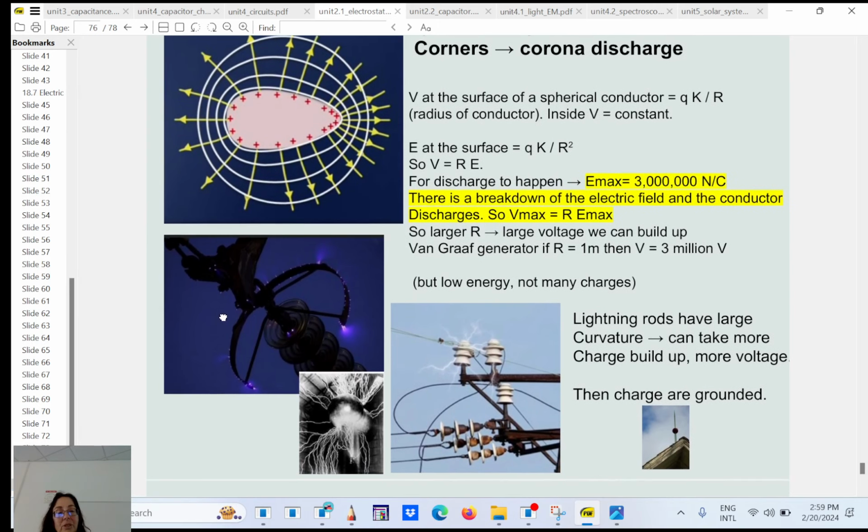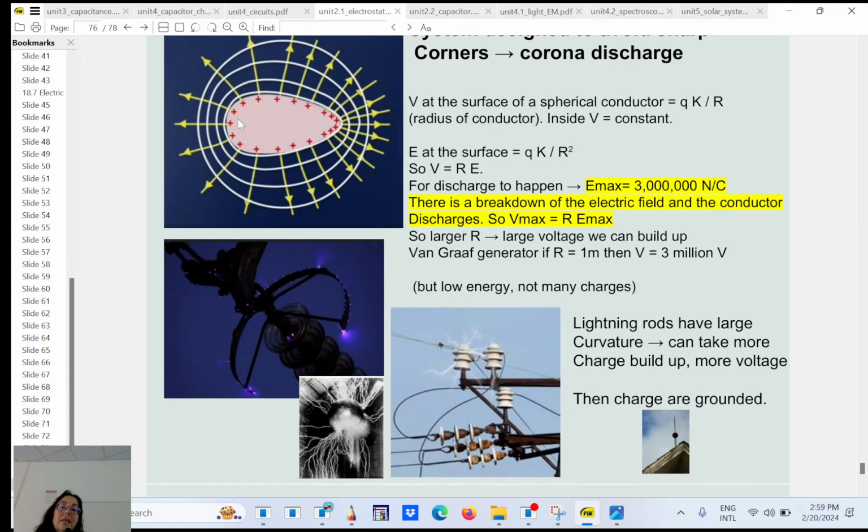Okay, another interesting thing is that if you have something with a curve, so here it's like a pointy tip. If the curve is sharp, you have a sharp turn here. Sharp turn means you're going to have more charges accumulating, so you're going to have a stronger electric field. If you have a stronger electric field, you increase the probability of a discharge.